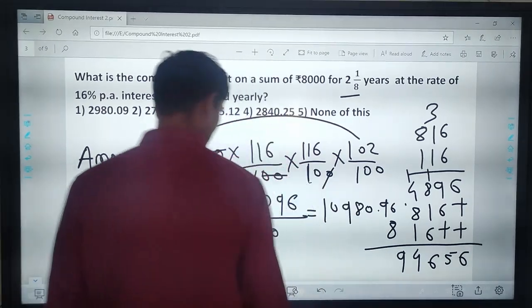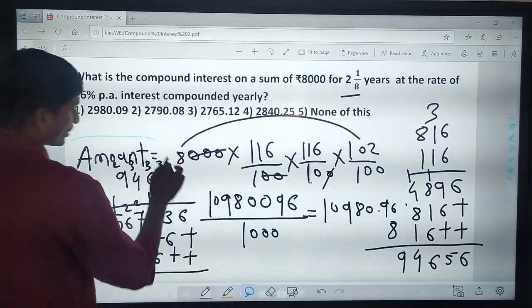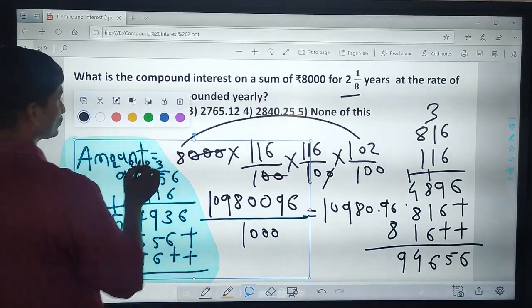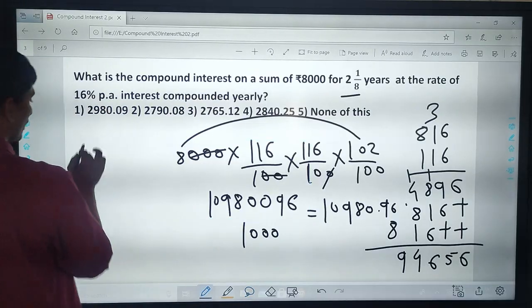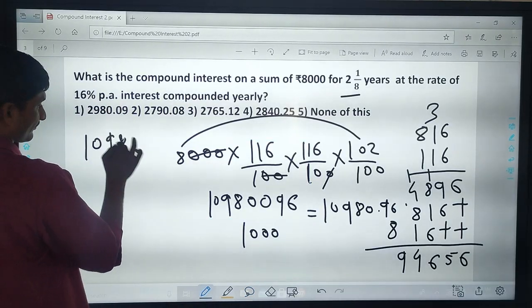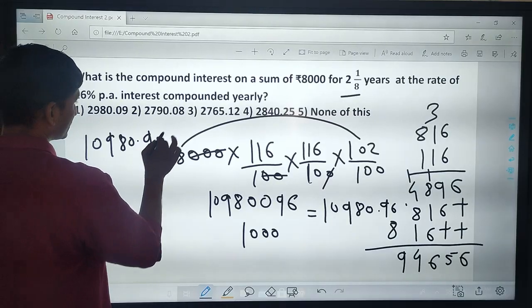Now here we get the subtraction of these two.